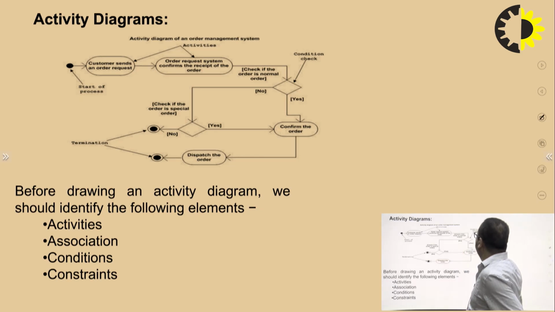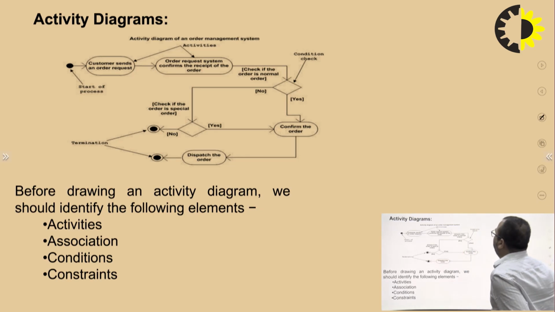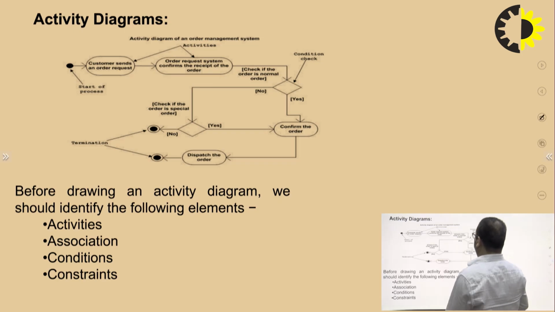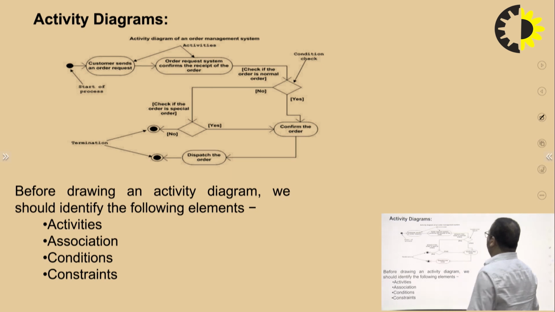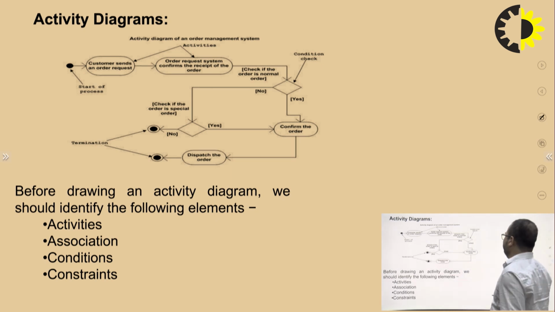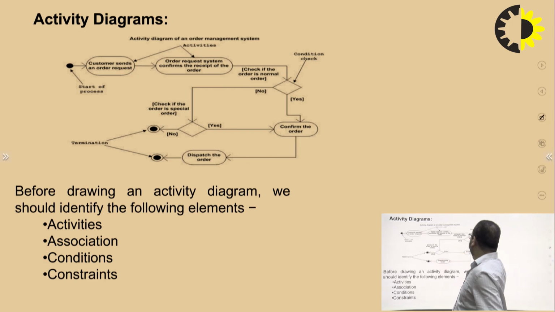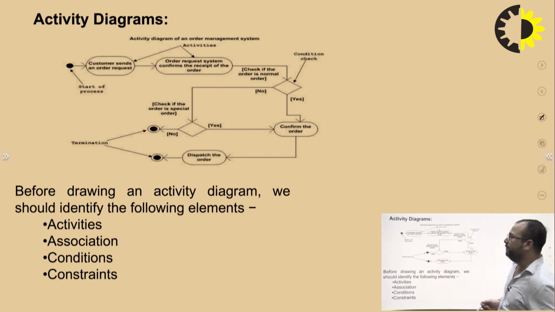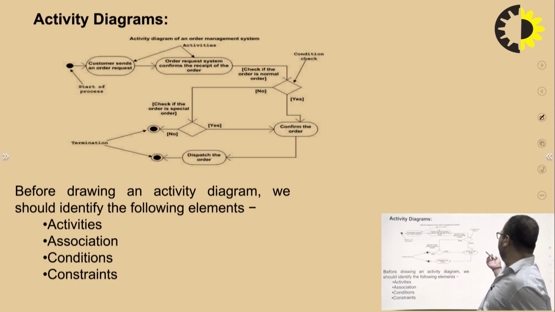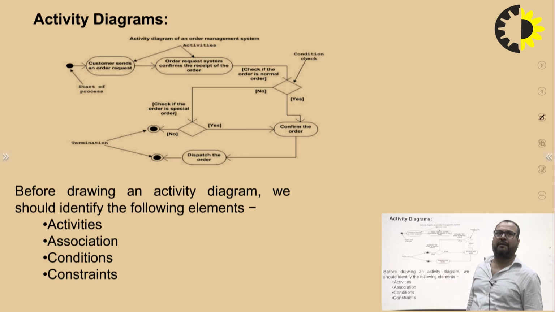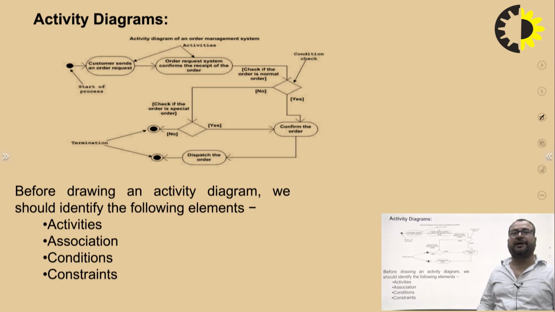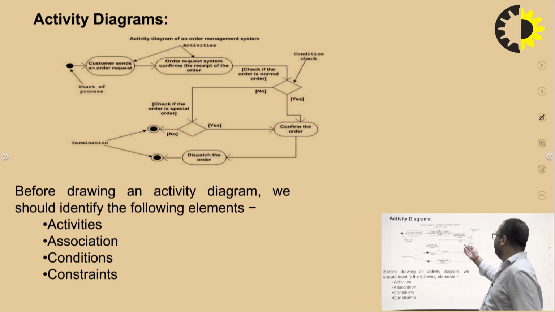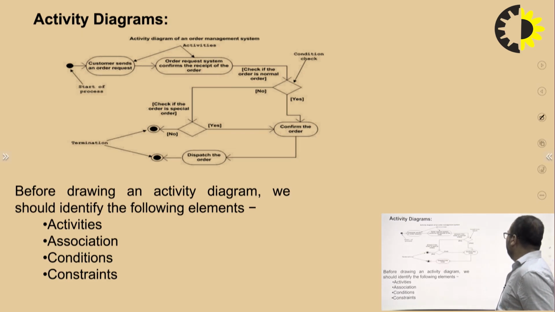Then there are conditions. After the order request system confirms the receipt of the order, we check whether it is a normal or special order. This is the condition check, which is represented by a rhombus. Just like in a flow chart, where we use a rhombus symbol for condition checking, in an activity diagram we also mention the condition with a rhombus symbol.